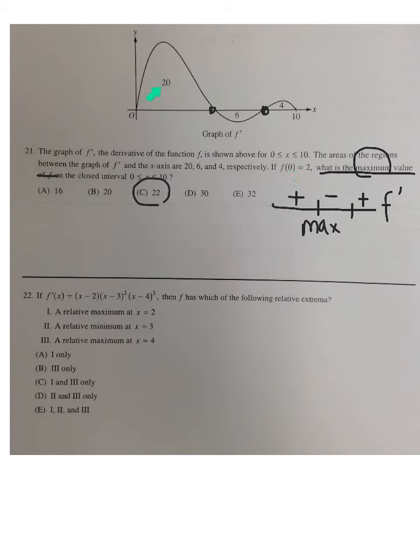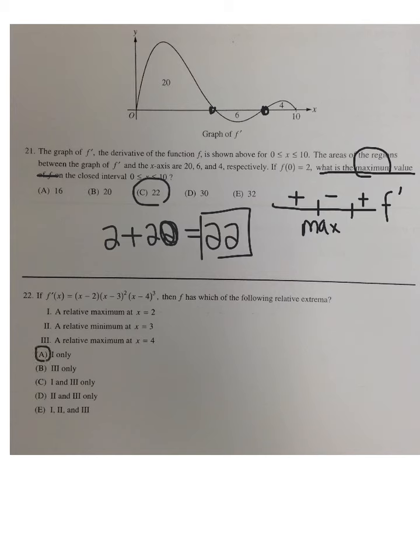So you have 20 plus these 2 extra steps, which gives us 22. The answer is choice A. 1 only.